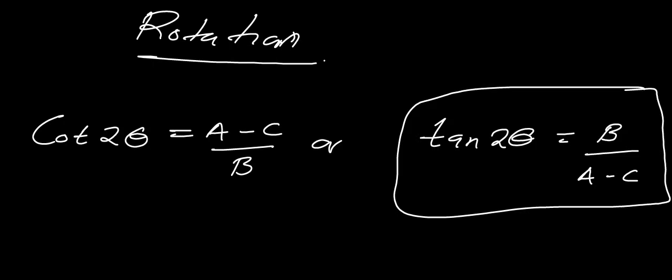Then the replacements of X and Y, I will explain where they come from later on. For now, I just need you to know how we use them. There are two replacements that we're going to be making. X will be replaced by X prime cos theta minus Y prime sine theta.